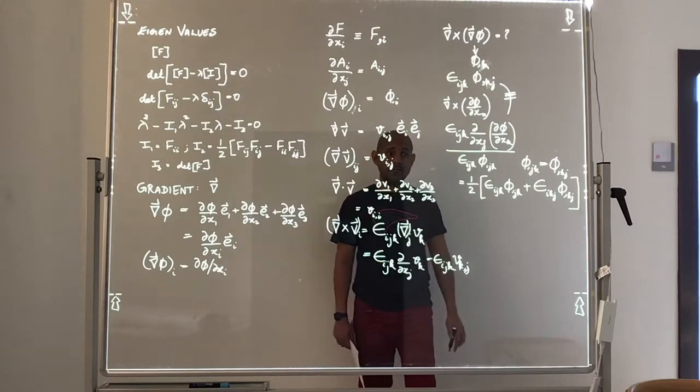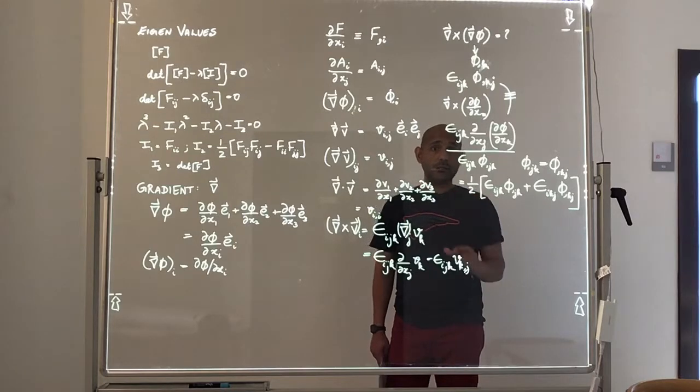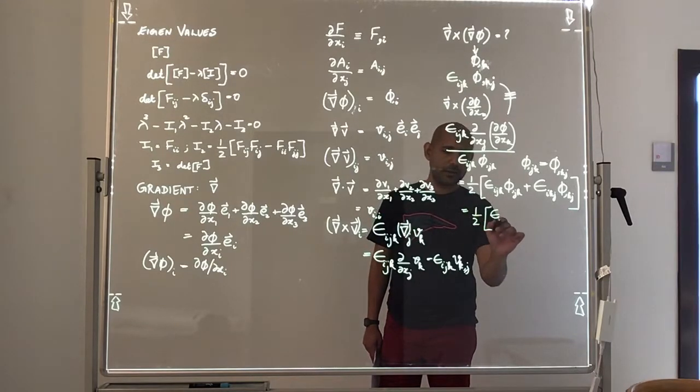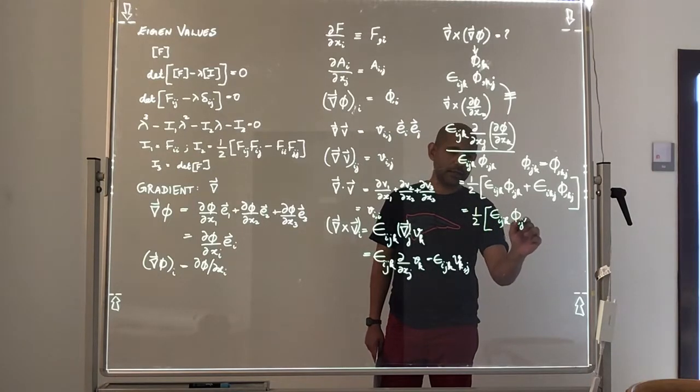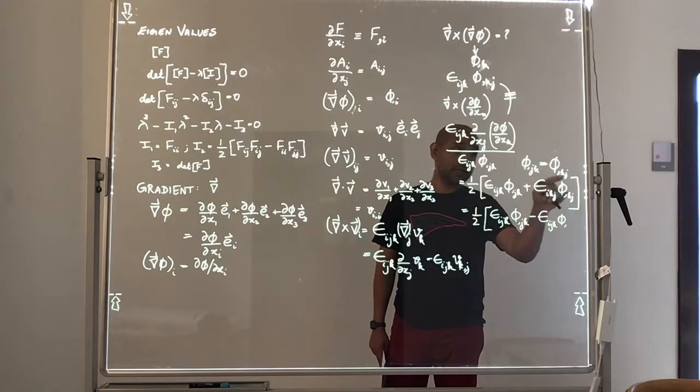What do we see here? ijk, ikj. We remember that they are opposite in signs. So this is 1/2 of epsilon ijk, phi comma jk, minus epsilon ijk, phi comma kj.